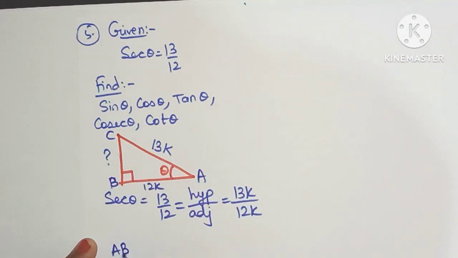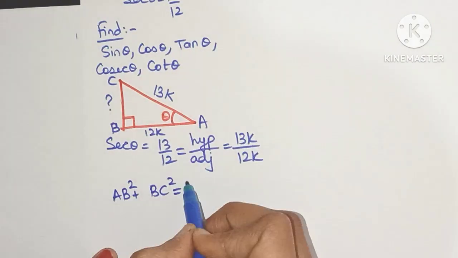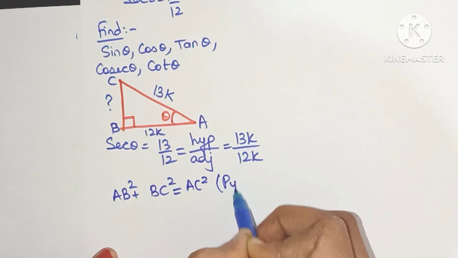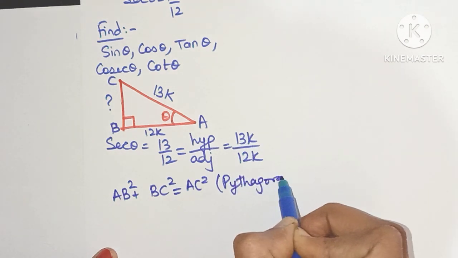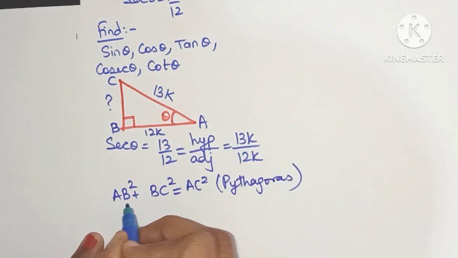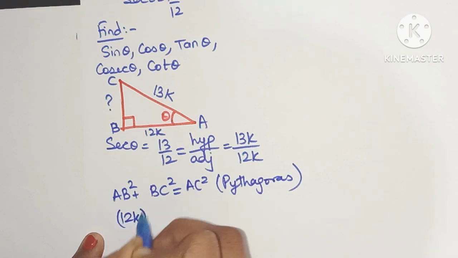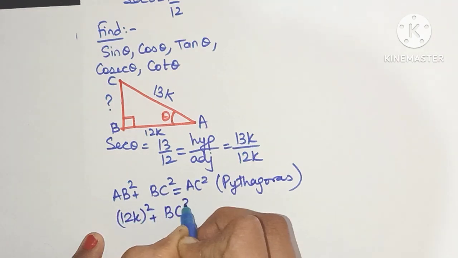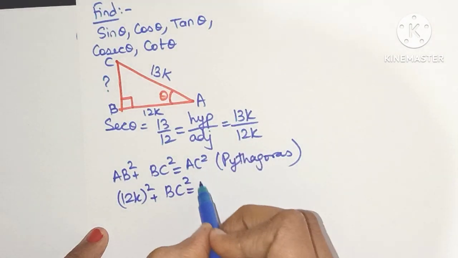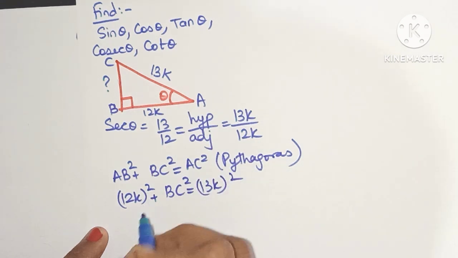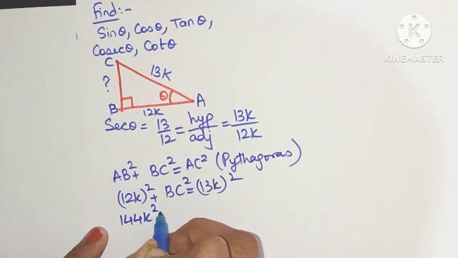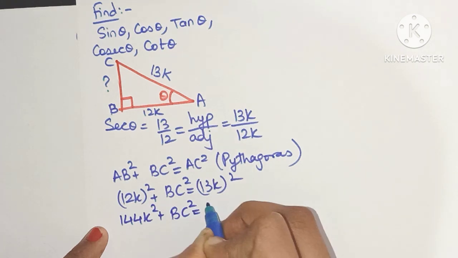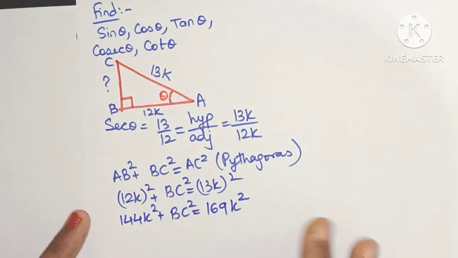By Pythagoras theorem, AB square plus BC square is equal to AC square. Let me write the reason over here: Pythagoras theorem. So AB square is 12k the whole square, BC square is something we have to find, and AC is 13k the whole square. Very carefully do the calculations, friends. You'll get 169k square.